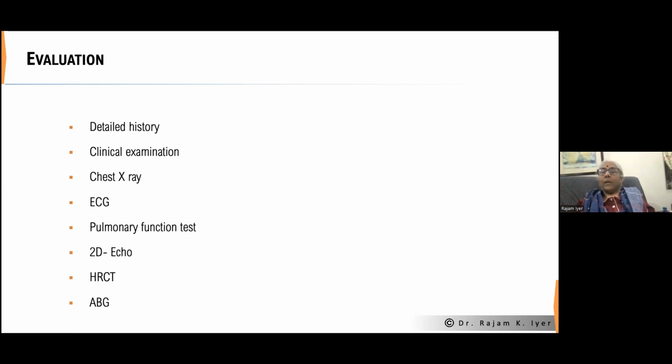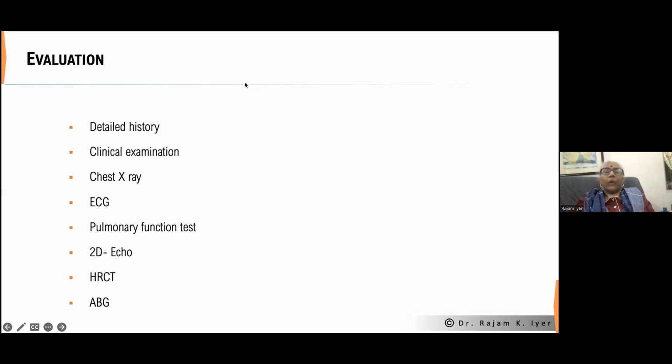For example, if there's a pneumothorax, there'll be a hyperresonant note. If there's a pleural effusion, there'll be a dull note. That itself can tell you that when I put my stethoscope, I'm going to hear decreased breath sounds. In pleural effusion, it will also be a decreased breath sound with a level of atelectasis on top. So the importance of inspection and palpation is very, very evident.